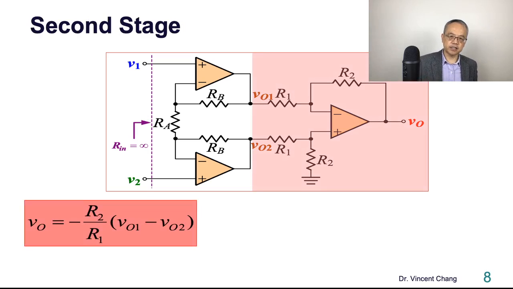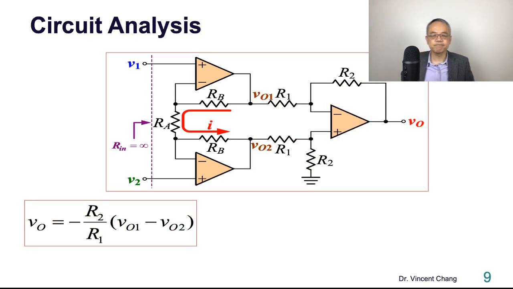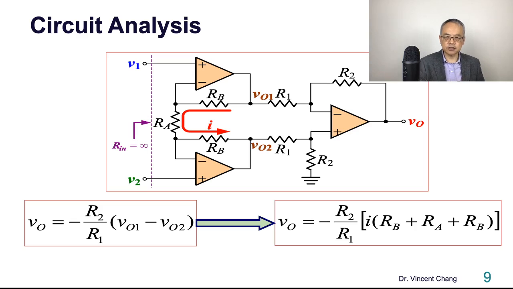Let's start with the second stage. Because it's the differential, VO equals negative R2 over R1 times VO1 minus VO2. For the circuit analysis, can you follow this? The voltage difference between VO1 and VO2 equals what? Kirchhoff's voltage law, KVL: the sum of the three drops.